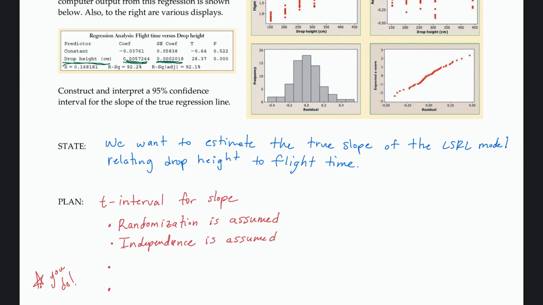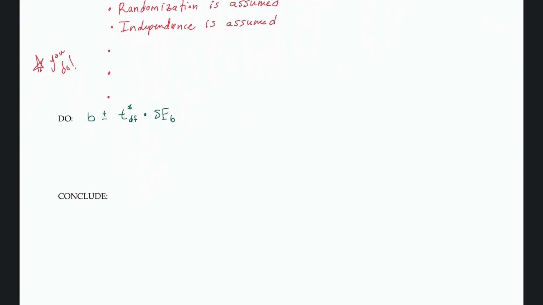What we don't really know is our t* value, our critical value here. You might be inclined to grab this, but no, do not. That is not representing our t* value at all. So do not grab that and think that it's going to work out for us, okay? So let's plug in what we do know.